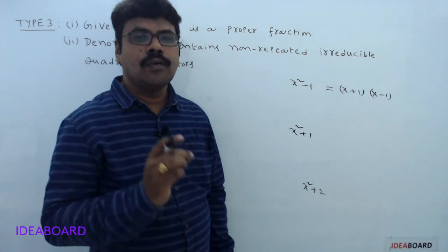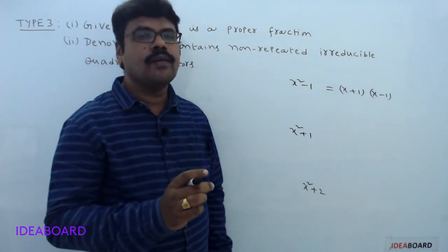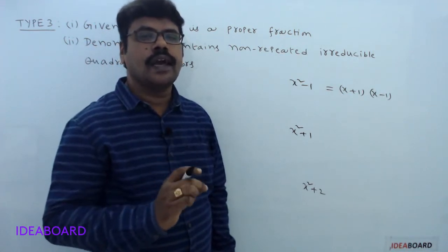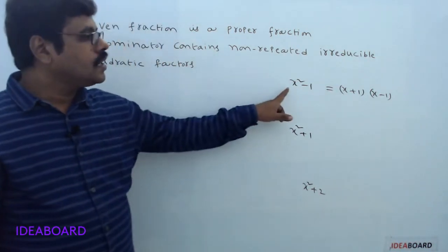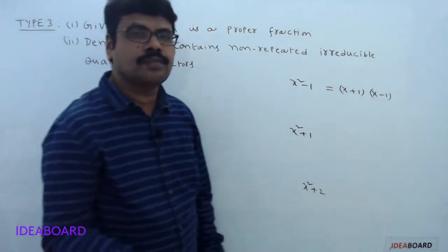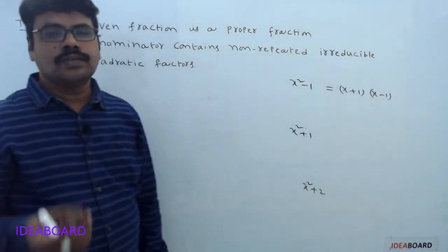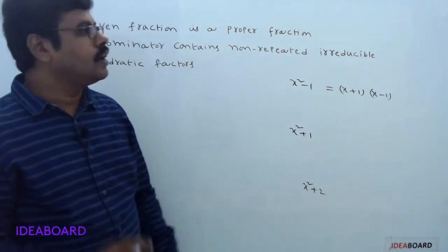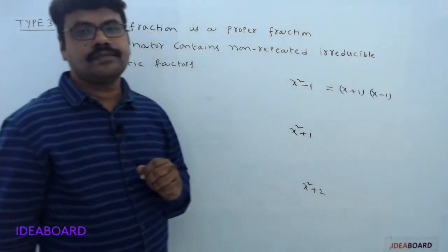Discriminant means b square minus 4ac. If the discriminant value is positive, then that expression has real roots. It means the second degree expression can be expressed as a product of two linear factors. Such second degree expressions are called reducible quadratic factors.